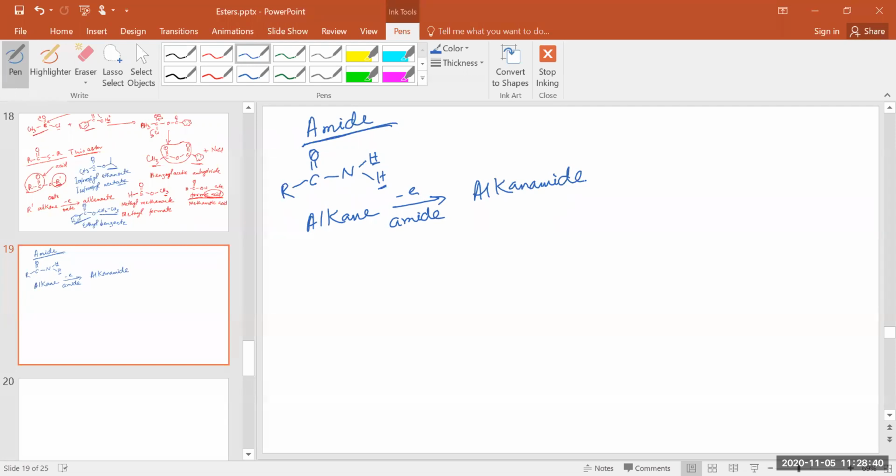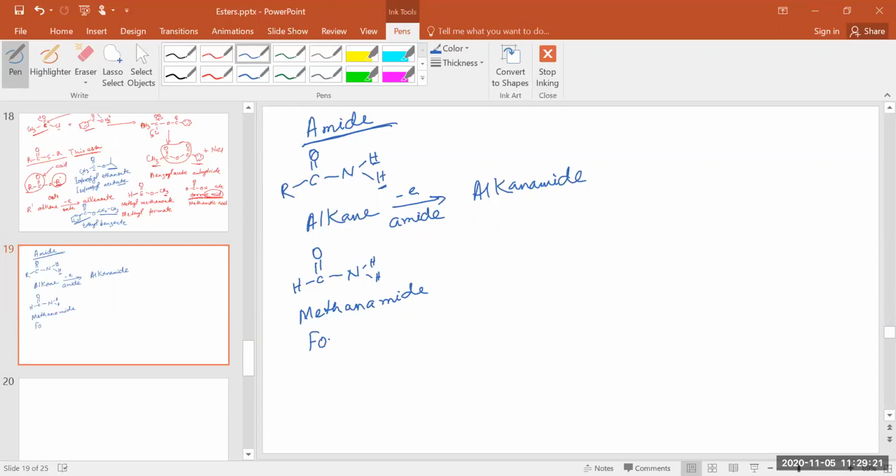Okay. So let us see this one. If you have just this one, CON, only one carbon, the alkane is methane. So this will be called methanamide. And the one carbon acid is called formic acid. So for the general nomenclature, remove ic acid and add amide.